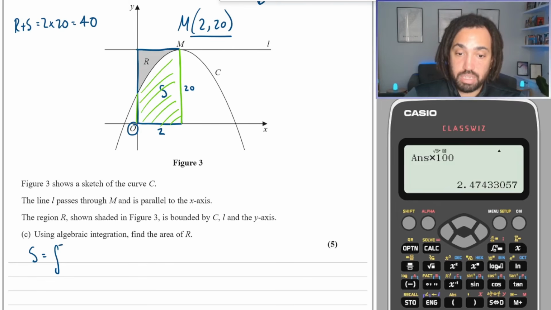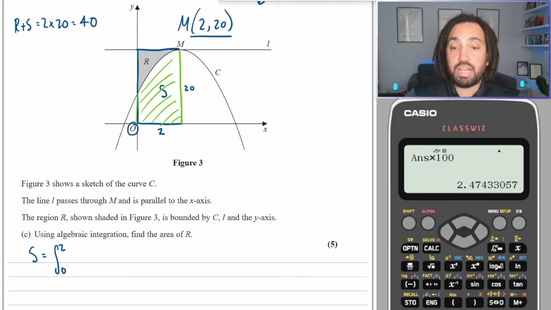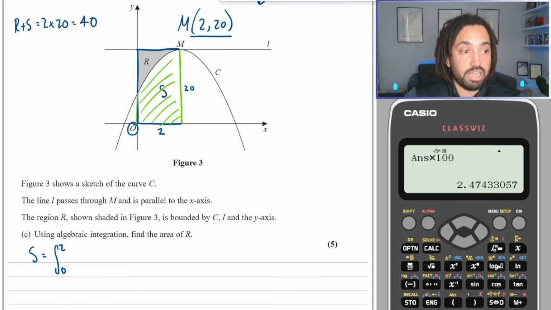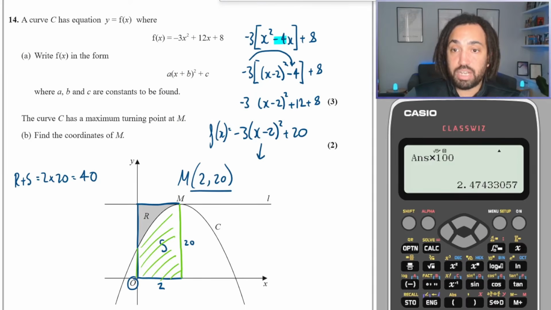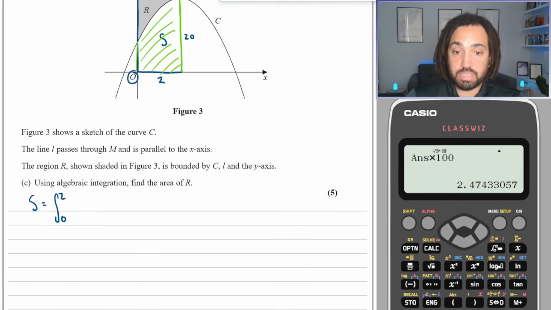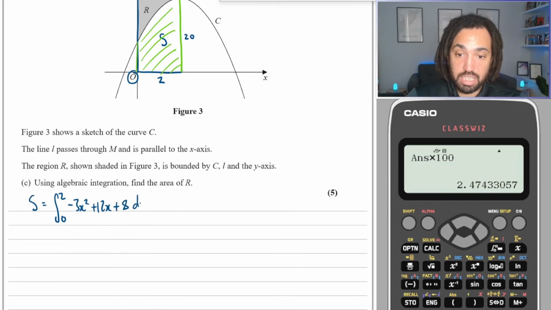Let's integrate between 0 and 2, and the curve had an equation of, let's just remind ourselves, minus 3x squared plus 12x plus 8. So the integral of minus 3x squared plus 12x plus 8 dx.